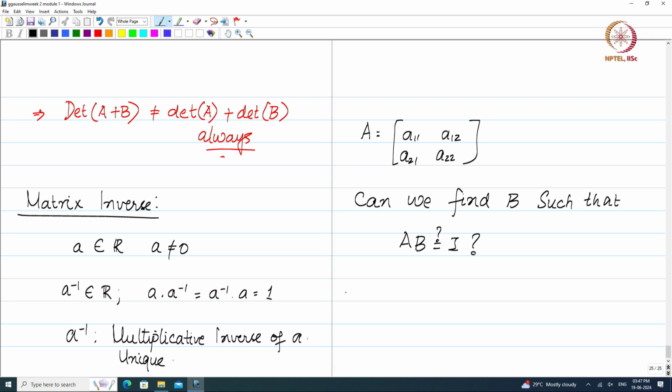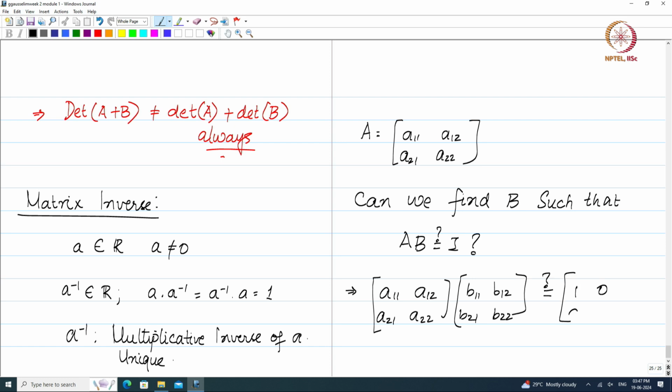So, let us multiply matrix A and B and see whether it is equal to the identity matrix. A11, A12, A21, A22 into B11, B12, B21, B22. Is it the identity matrix 1 0 0 1? Let us find out the product AB.